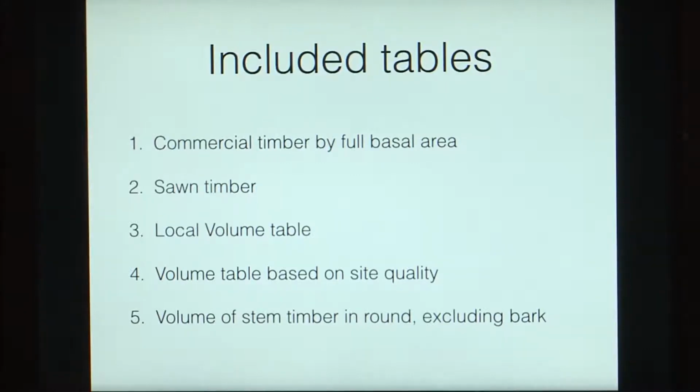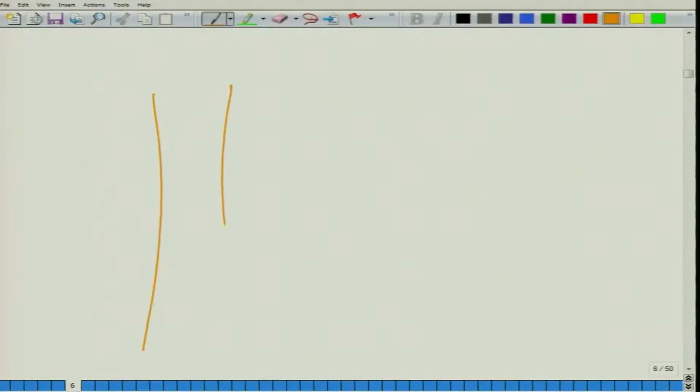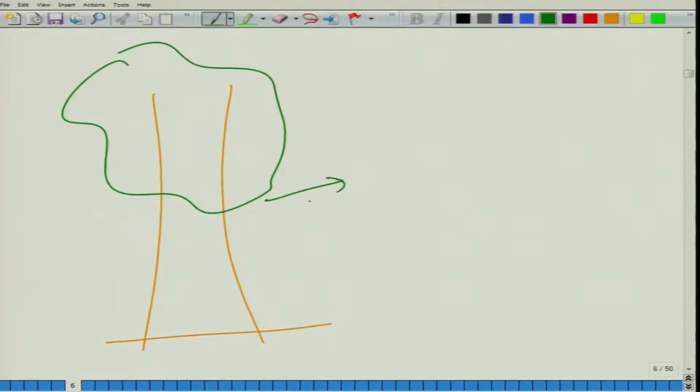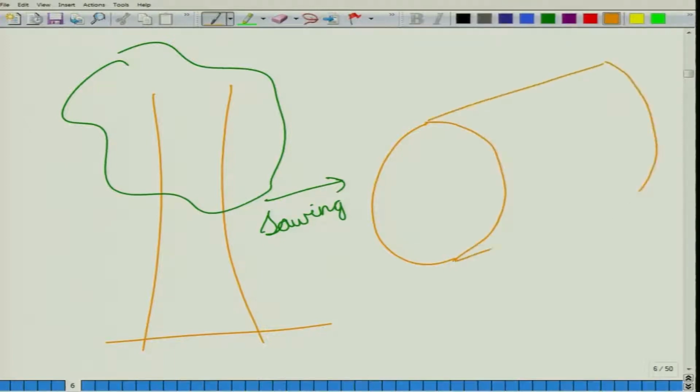You could even have another table for sawn timber. For instance, when you have a tree and you are putting it through the sawing operations, then as we have seen before, in the cross section, because we want to have sheets of the log, we might be losing out on the corners, as we have seen in the quarter girth formula. So, we will be excluding these.